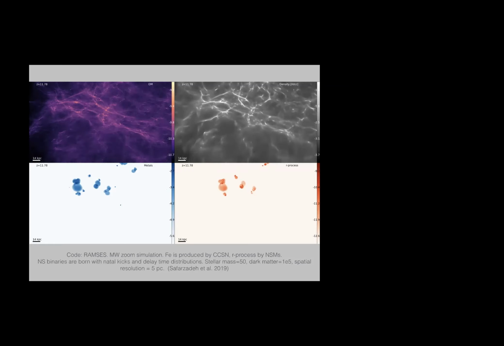So towards the end you will see that these neutron star binaries travel far from their birthplace and then explode in intergalactic media. Do you guys see the simulation?